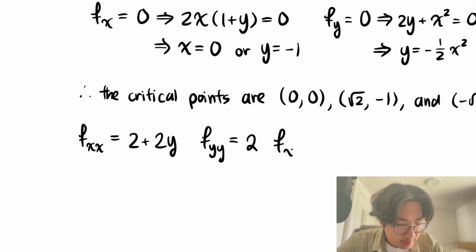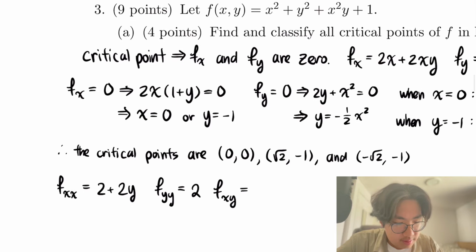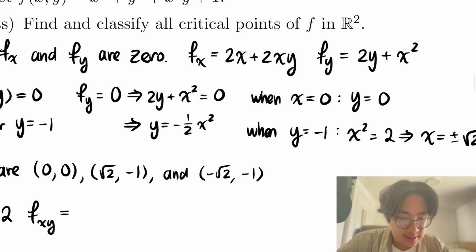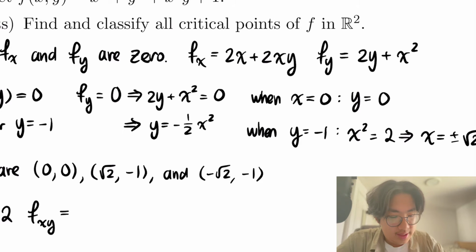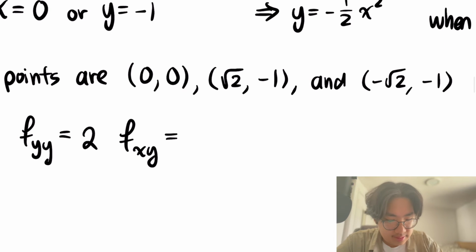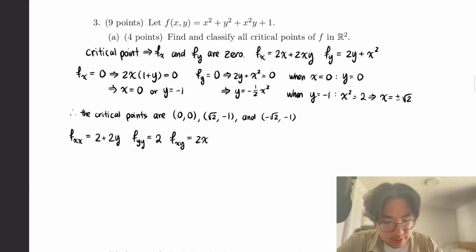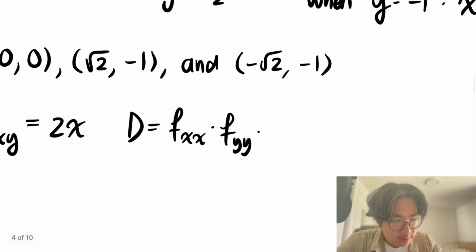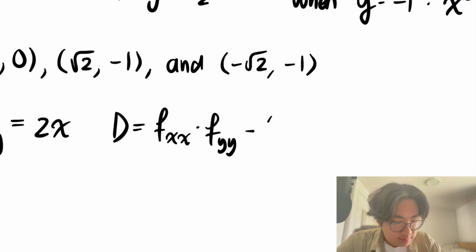And then f sub xy. It doesn't matter which one you take, just take it with the opposite partial derivative. So let's take this with respect to y. In this case, that would just give you 2x. Yes, 2x. And then now we can compute what D is equal to, which is our second derivative test. So again, as a reminder, f sub xx times f sub yy minus f sub xy squared.